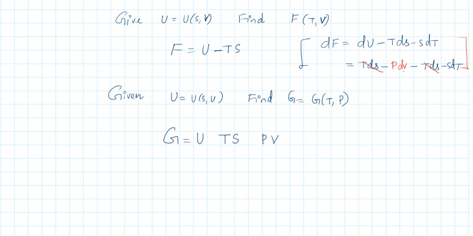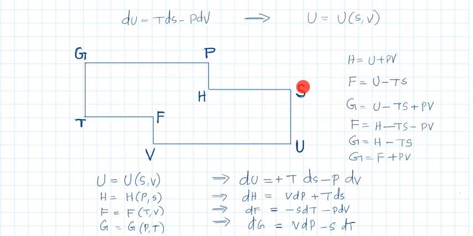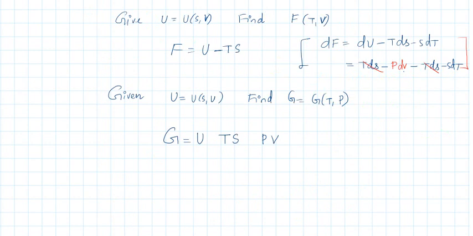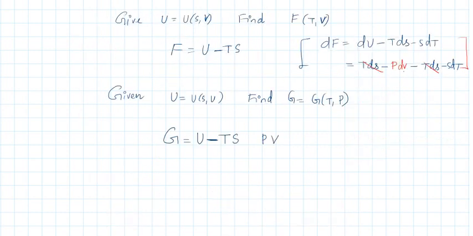You have to always write TS and PV, because these have dimension of energy. Now the remaining thing is to put a sign. In U, the sign of S is positive. So you have to write a negative sign for the term which contains S. Similarly, in U, V is negative. So in this expression, you have to put a plus sign. So G is U minus TS plus PV.